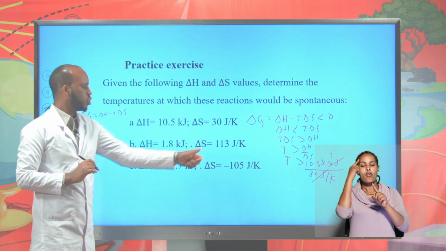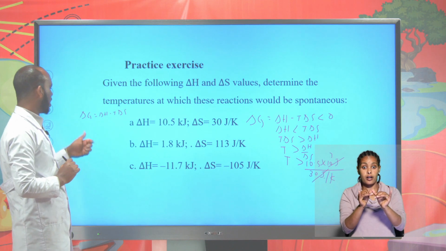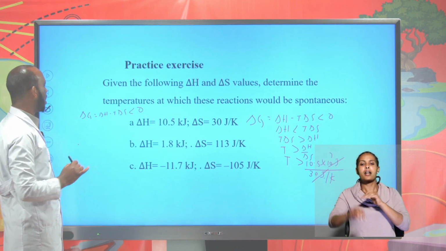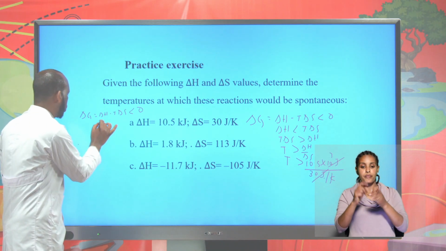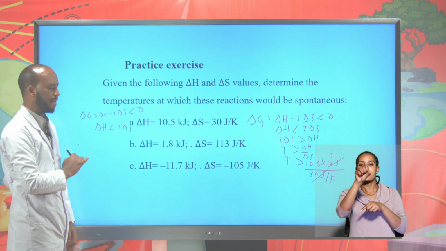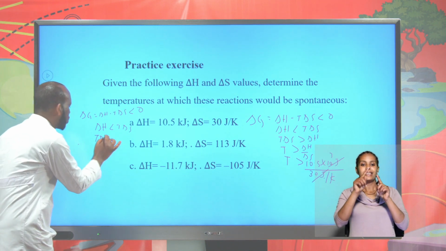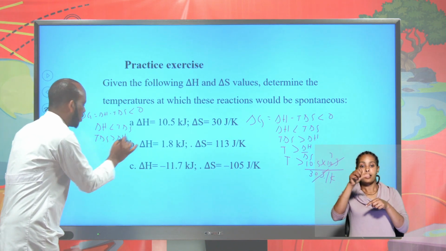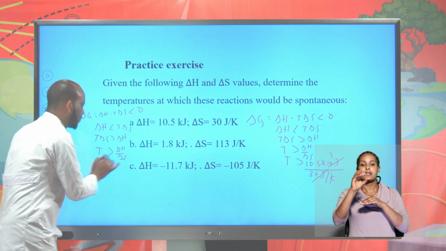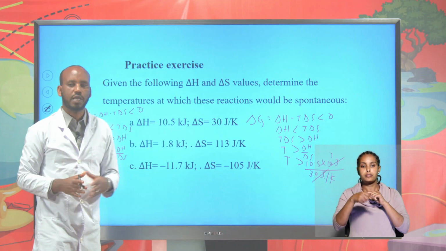For this reaction to be spontaneous, delta G must be less than 0. We can write this as delta H is less than T times delta S, or T times delta S is greater than delta H. For T greater than delta H divided by delta S, this reaction would be spontaneous.